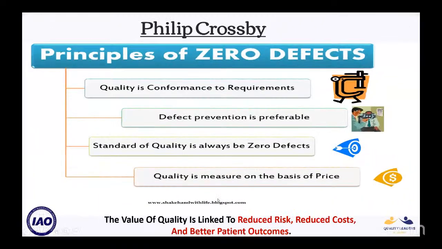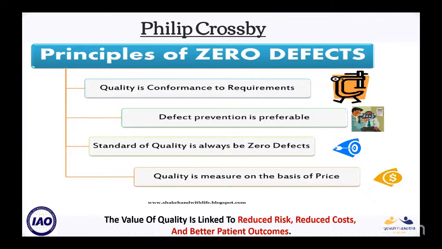So here I'm going to introduce you to another quality guru, someone who has revolutionized how we think about quality. He is Philip Crosby. Crosby had the most straightforward approach to quality. His core belief is that quality is conformance to requirements, and the system for achieving quality is prevention and not inspection.